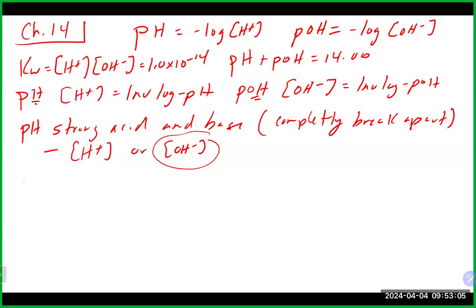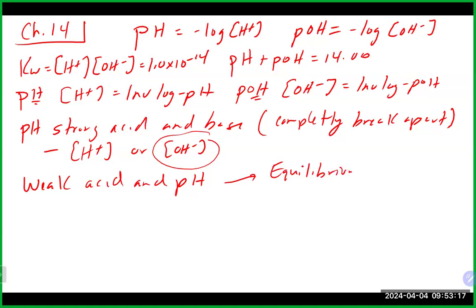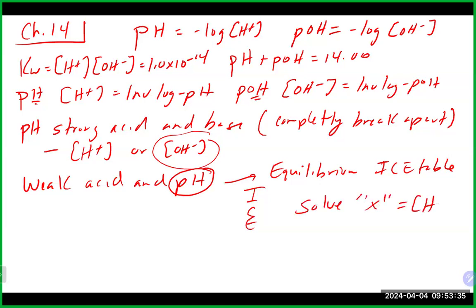Now, we then got into weak acids and pH, and these are pretty much just equilibrium type problems, which means that you should do an ICE table. The main difference in these type of problems is what you're looking for, which is pH. So as you go through your ICE table and you solve for x, x in this case would equal the H plus concentration, which would then allow you to go into the pH.